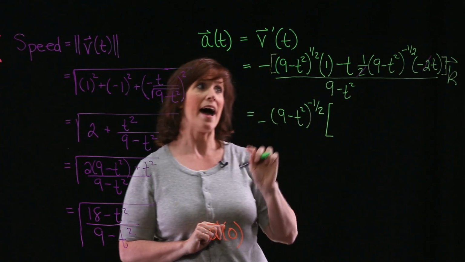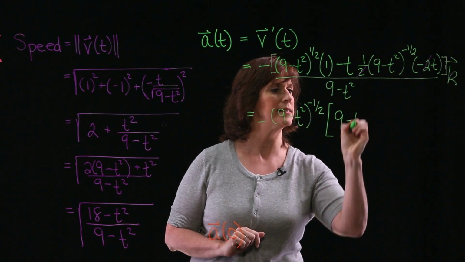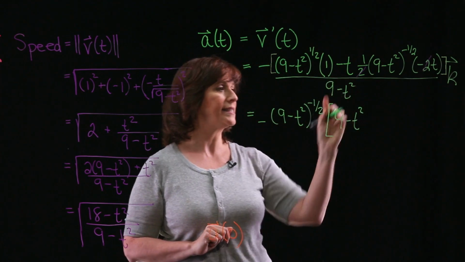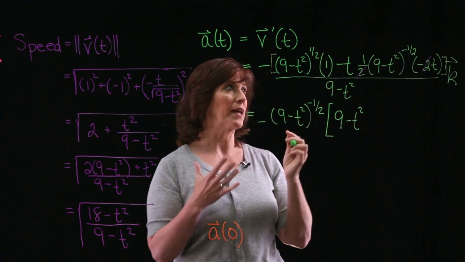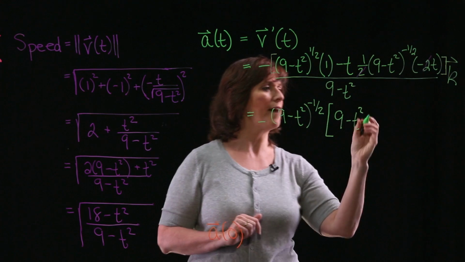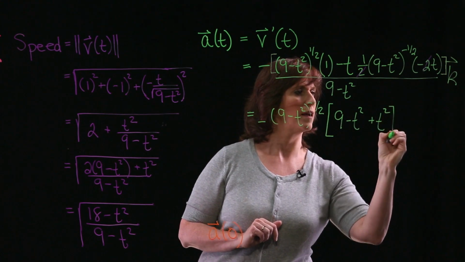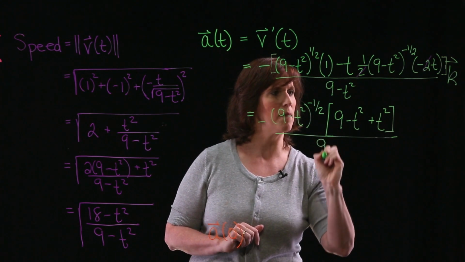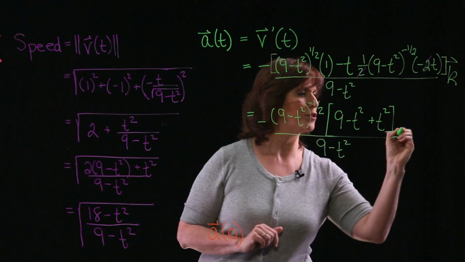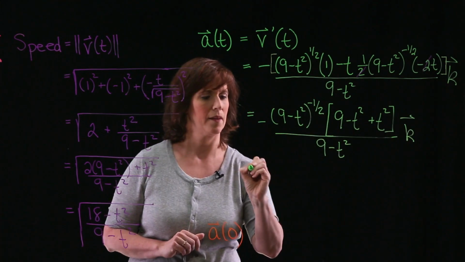When I factor that out, in this first term, I'm left with a 9 minus t squared. And in the second piece, the 9 minus t squared to the negative 1/2 has been completely removed, but I'm left with a positive t squared. And that's still all over 9 minus t squared. And don't forget your vector k.